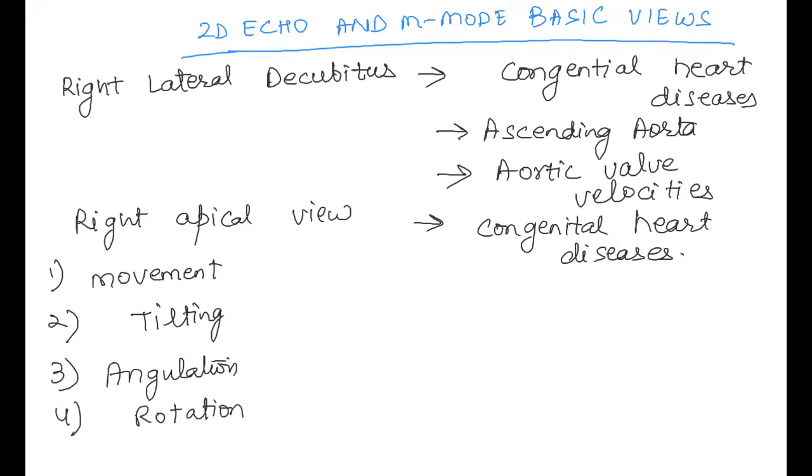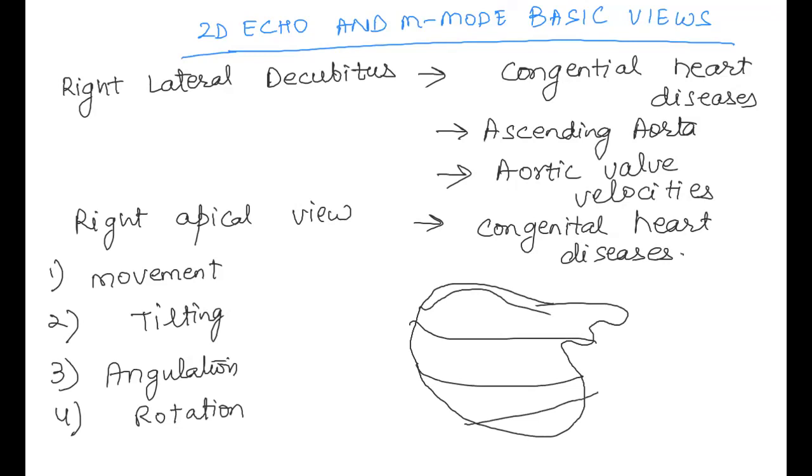Because M mode scan shows angles like this. For example, if we assume that this is heart, there are various chambers of heart.